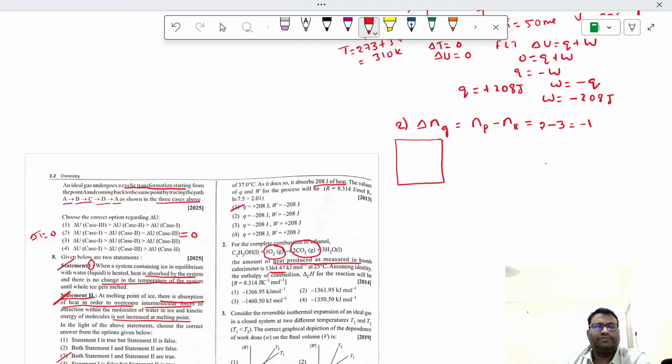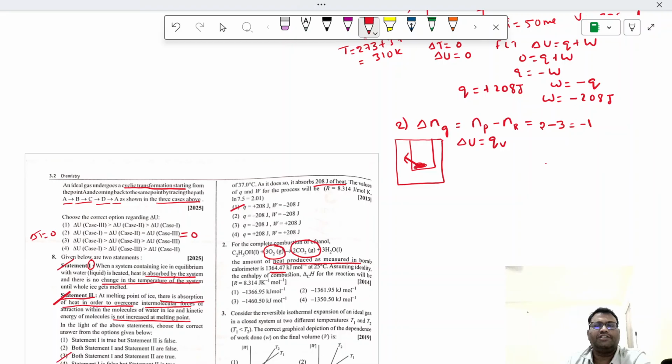Heat is released when what is burnt? Ethyl alcohol. You are taking some ethyl alcohol and burning it. When you are burning it, that means combusting it, heat energy is released. This is happening at constant volume. We have studied previously that delta U is equal to QV.